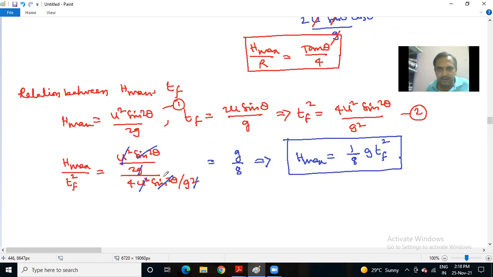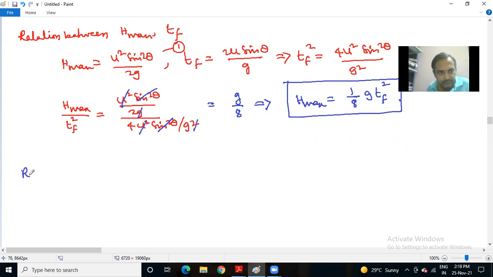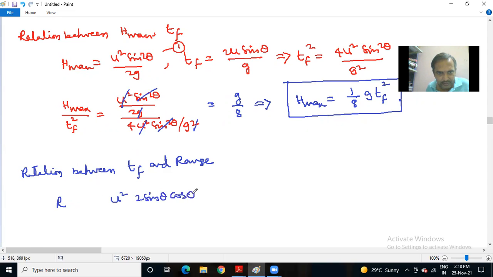Now let us also find out the relation between time of flight and range. So the range equation is u square 2 sine theta and cos theta divided by g, whereas the time of flight square, let us say, because we need to get a u square once again to cancel u square, so therefore it will be 4u square.